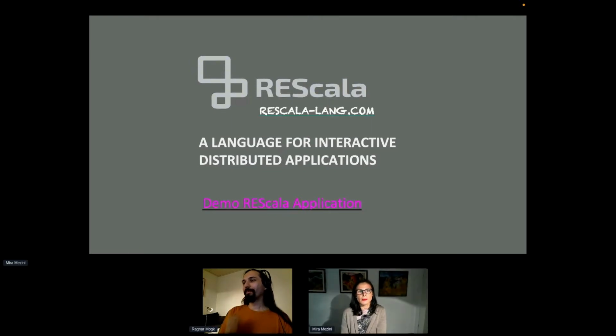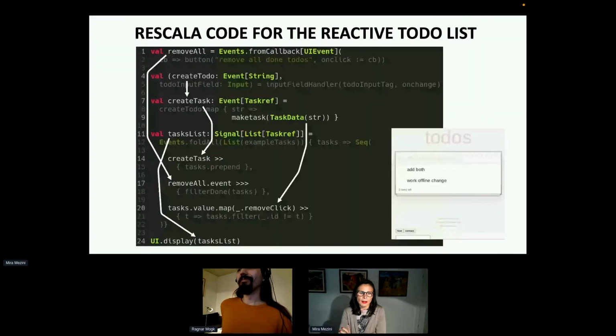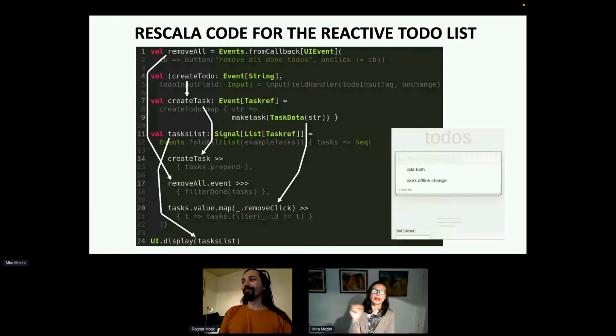Let me jump right away to show you a code snippet for the reactive to-do list that Ragnar just demonstrated, the non-shared version of it. You don't need to read any detail in this slide. I will walk you through the important things, and basically there aren't many.